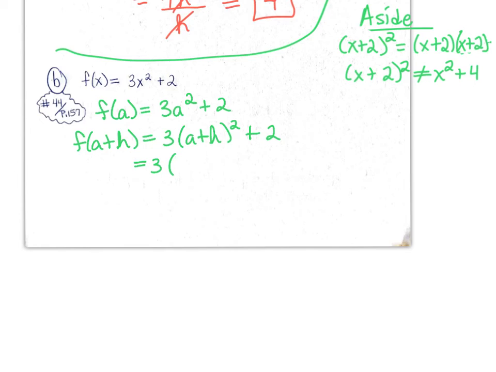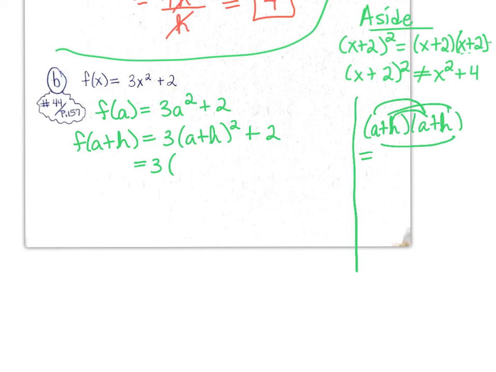Okay, let's write it out. So a plus h times a plus h is equal to, you multiply your first terms, your outer, your inner, and your last. So that's a squared plus ah plus ha. ah and ha are the same because we're multiplying.